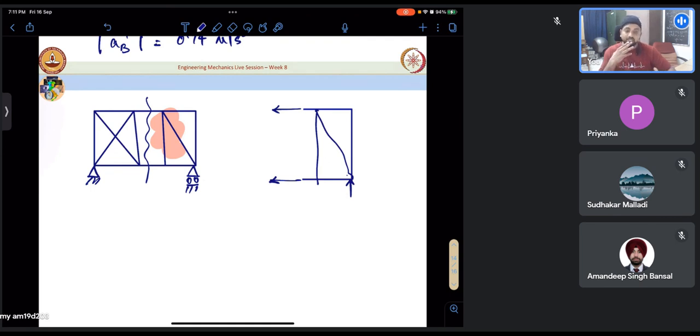So will this be in equilibrium? If we do sigma Fy equal to 0, let us say this is some RB, RB plus there is nothing to balance it, right? So essentially this doesn't hold. There is nothing to counter RB and make the acceleration 0.